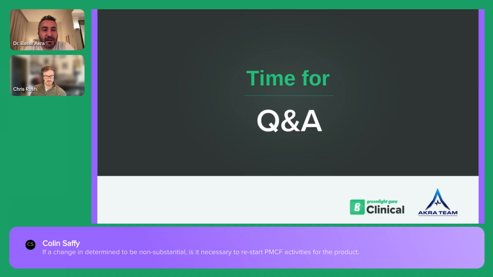So you need to check the impact of the change on the clinical benefit conclusion and potential midterm or long-term data. And then you need to decide, do I need to do a new PMCF, or is what I have sufficient? And can I build the transferability of my data to the final device with those non-substantial changes?